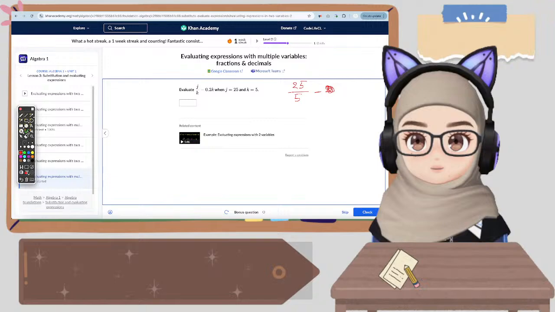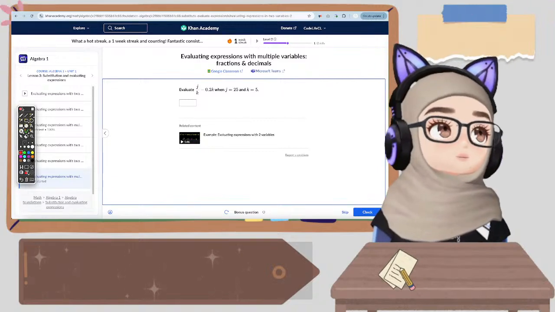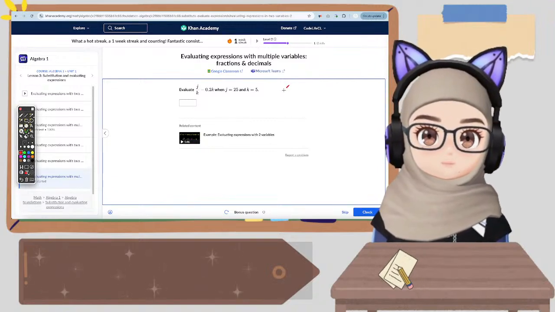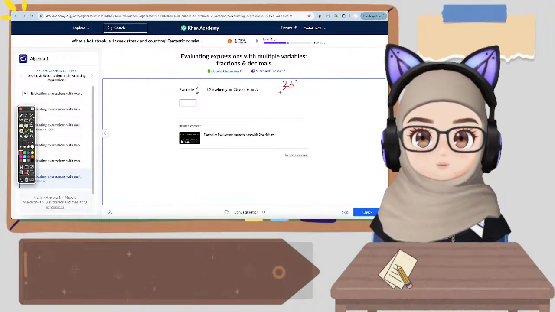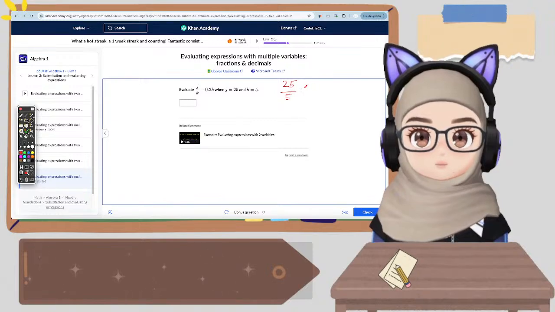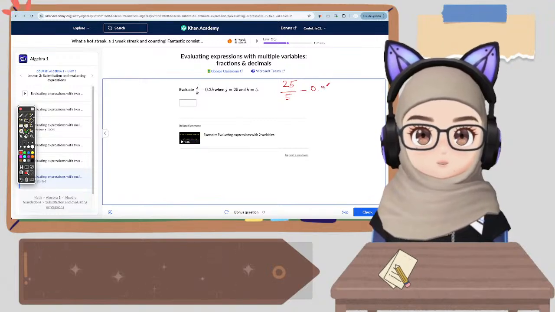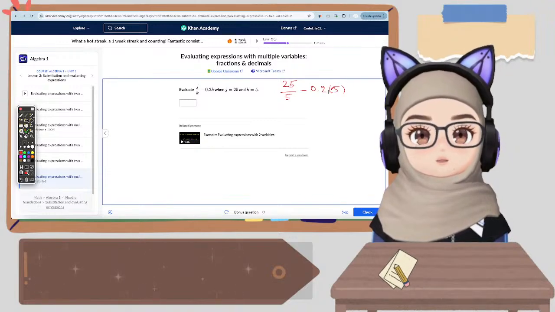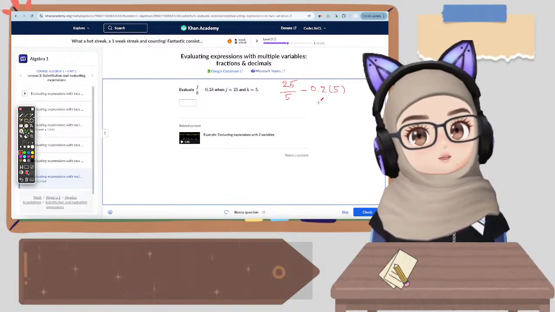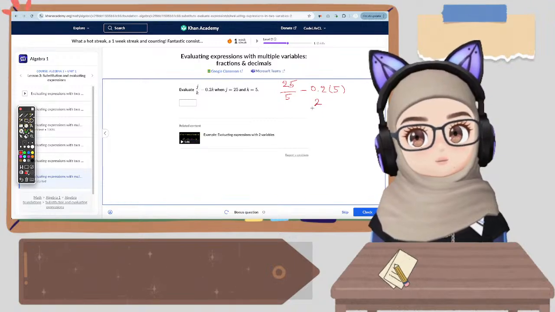What did I do? Okay, I'm just going to turn it off. Try again. So J is 25 divided by 5 minus 0.2 of 5. 0.2 is like 2 divided by 10, right?